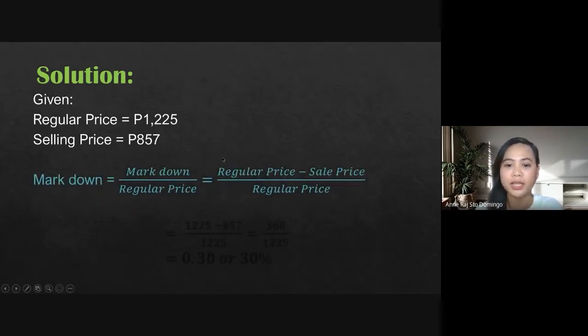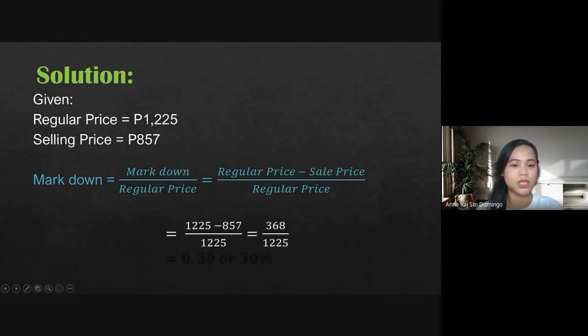And yung markdown natin, di ba siya yung difference? So, we have regular price minus sale all over regular price. So, the answer here, solution, we need just to substitute the values, 1,225 for the regular, then sale price or selling price is 857 over regular, 1,225. That is equals to 368 over 1,225.